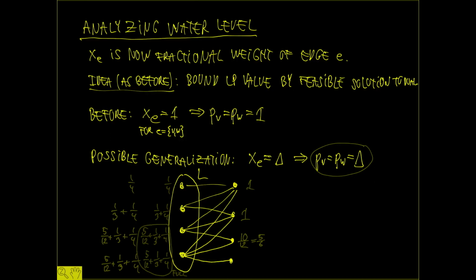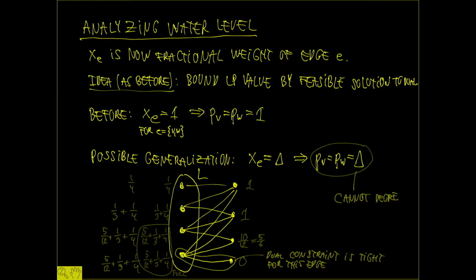Finally, we have a vertex with just a single neighbor, and it doesn't have any capacity, so we're not going to be able to pour any water into its neighbor, because the dual constraint is basically tight. So this kind of means that there's no hope that we can get a better constant than 1 in front of delta. So we're not going to be able to get any competitive ratio that is strictly above 1/2.